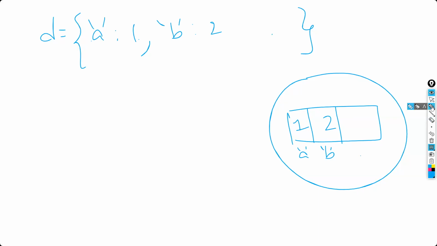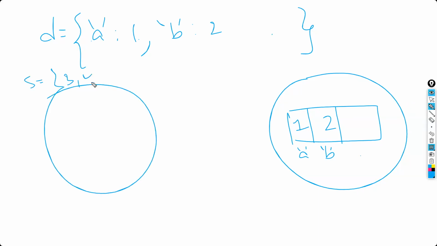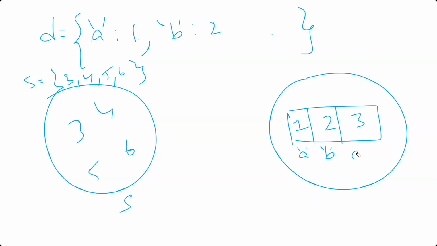Okay. Now, sir, for example, sets are there. S is equal to 3, 4, 5, 6. 3 is there, 4 is there, 5 is there, 6 is there. Now this one also we are not going to use. Then, for example, you told earlier, here 3 is there but the index is not there, so what is the use, you asked. Now in a similar way, in the set also 3, 4, 5, 6 are stored in the object, but you are not going to call them.